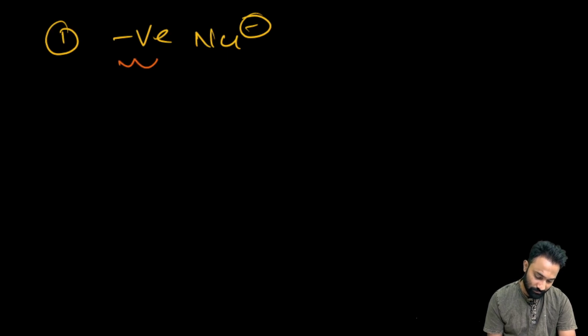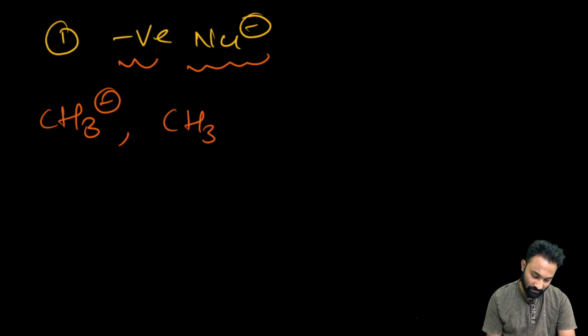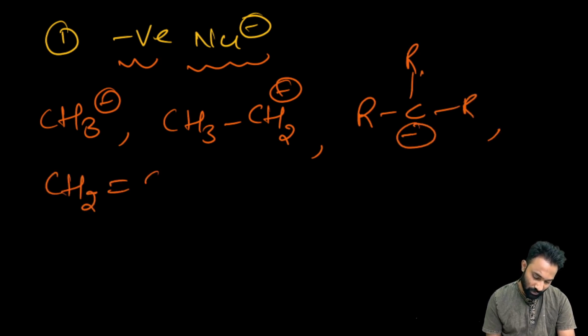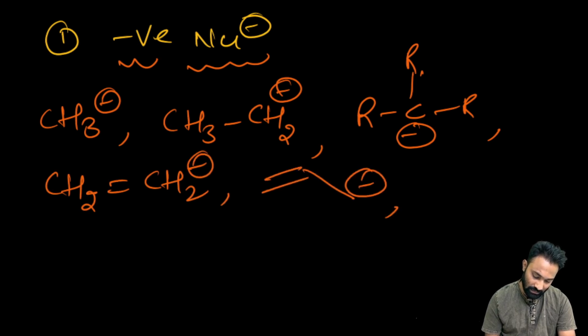What are the negative nucleophiles? Now we are going to see. Clear? Now CH3 minus, CH3CH2 minus, R minus. Now CH2=CH minus. Now vinyl and allyl carbanion.